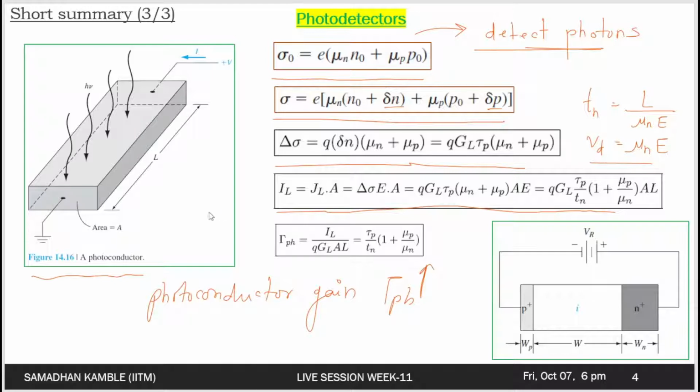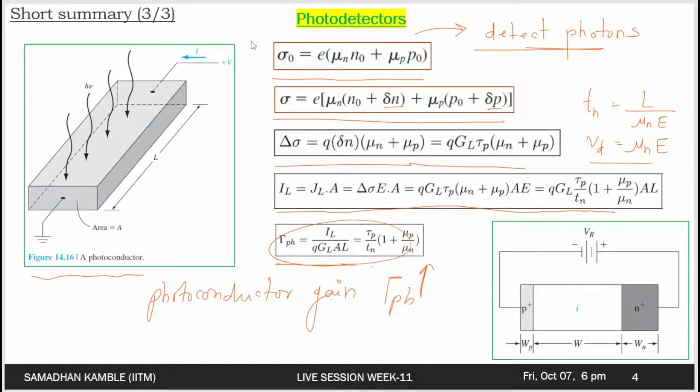So we can write this parameter as the current over this particular factor, and using the equation for IL, we can simplify it, and we get it in terms of the mobility and the time constants, and Tn is the thickness. So the photoconductor gain is given by this particular relationship.